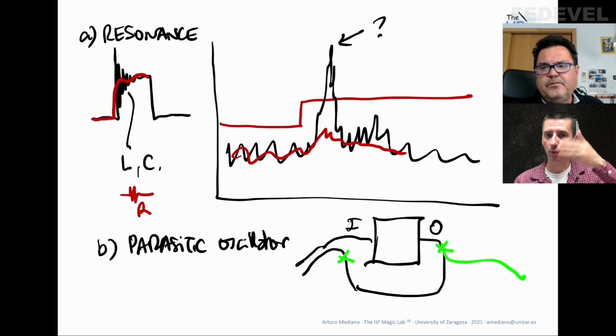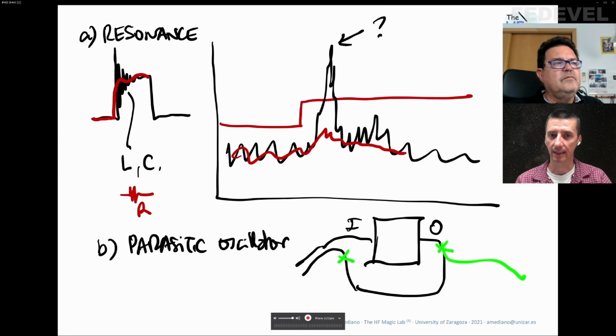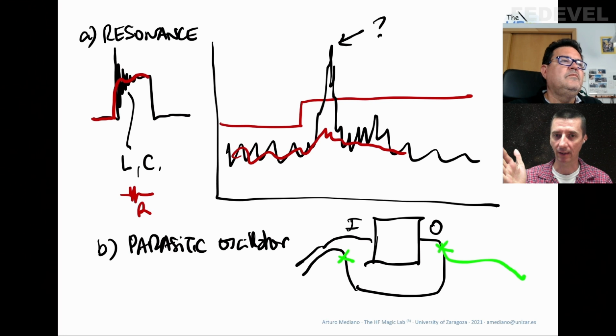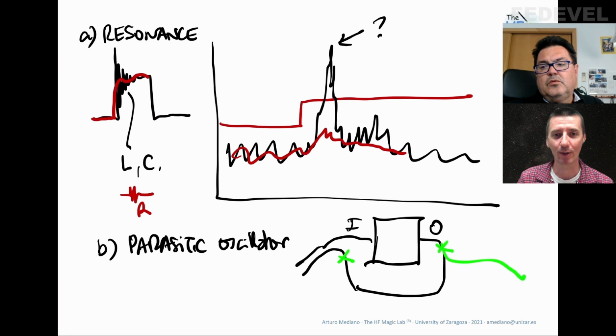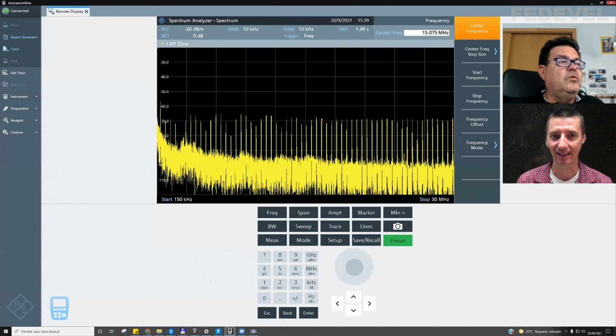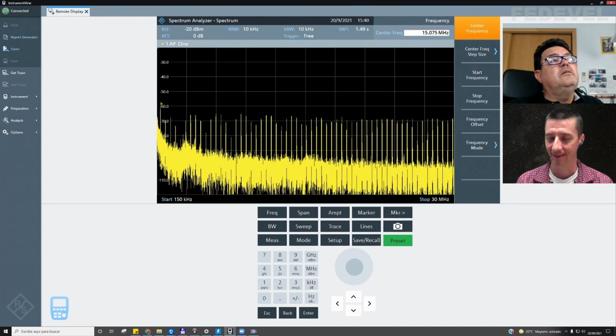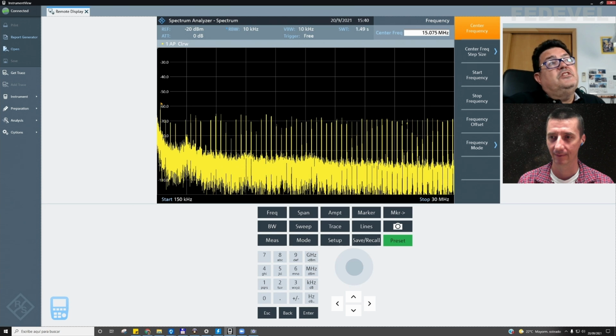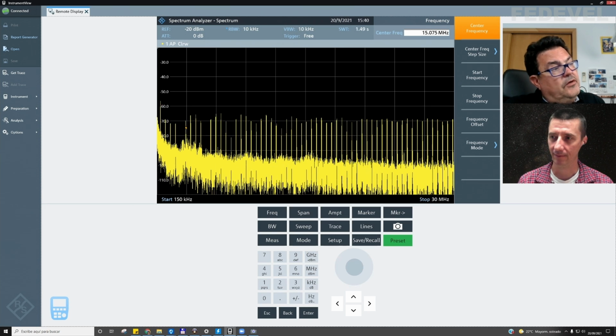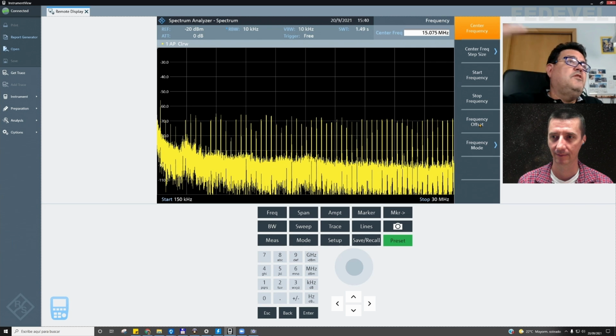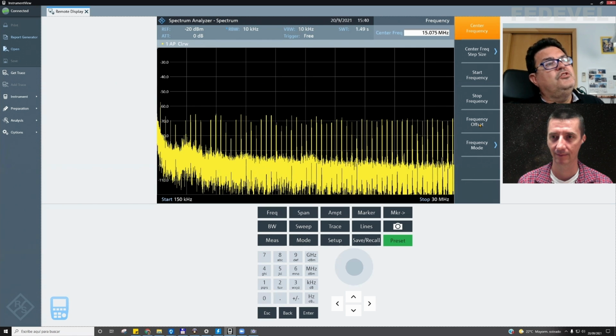And if you have these regular peaks, does it mean that the first one is the frequency which is causing all of the others? Or can it also be somewhere in the middle, or will it be the highest one, or which one will be the original one? Usually it is the first one. The first one is the first harmonic, and then you have the others, the second, the third, the different harmonics of the system.